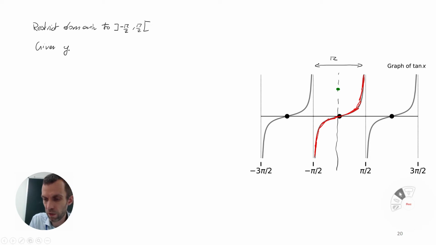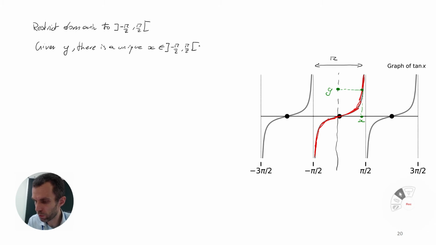Given a y between negative infinity and positive infinity, we can always find a unique x in the interval minus pi over 2, pi over 2, such that tan of x is equal to y.